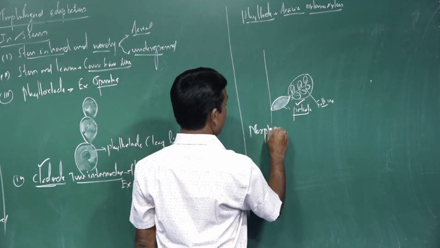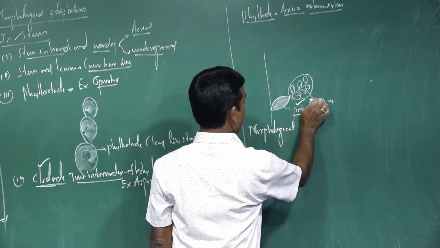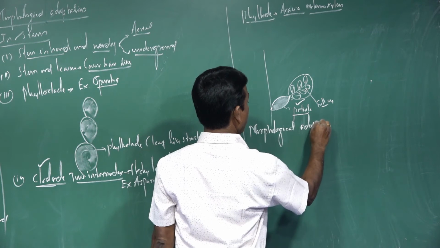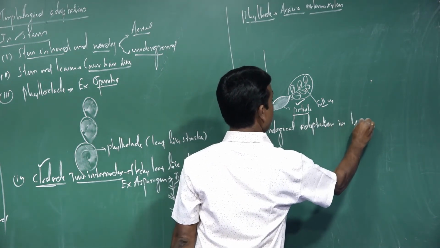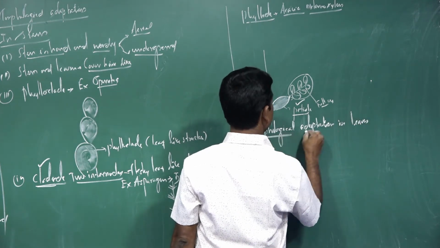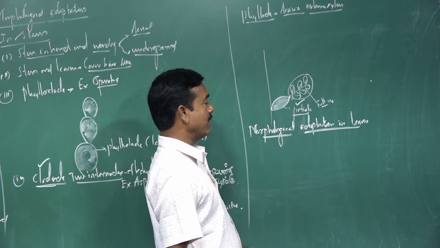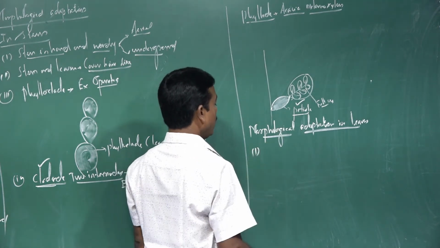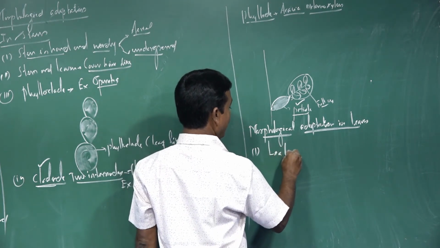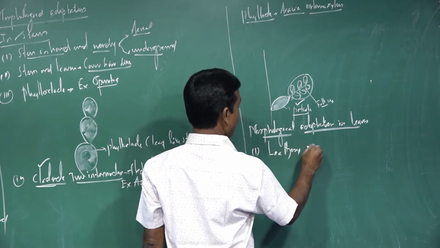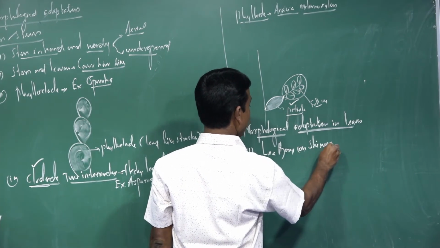Morphological adaptation in leaves. So what adaptations occur in the leaves? First one, leaves are generally leathery or shiny. What do you say?